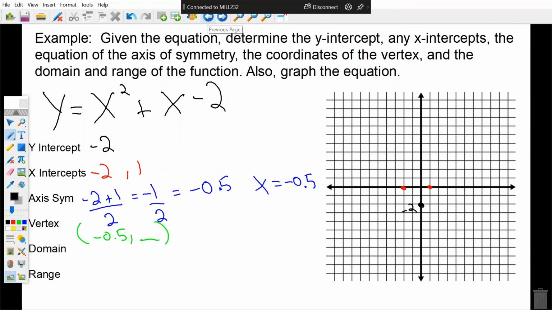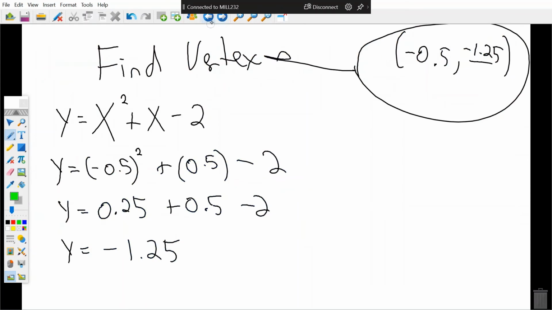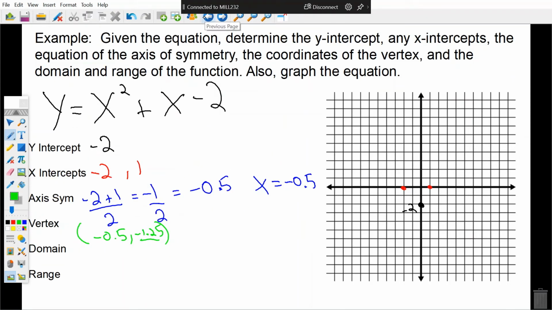So the coordinates of the vertex are negative 0.5 and negative 1.25. Okay, so the vertex is either the minimum or the maximum point, depending which direction the graph opens. Actually, let's plot the vertex first. The vertex is at negative 0.5, negative 1.25.